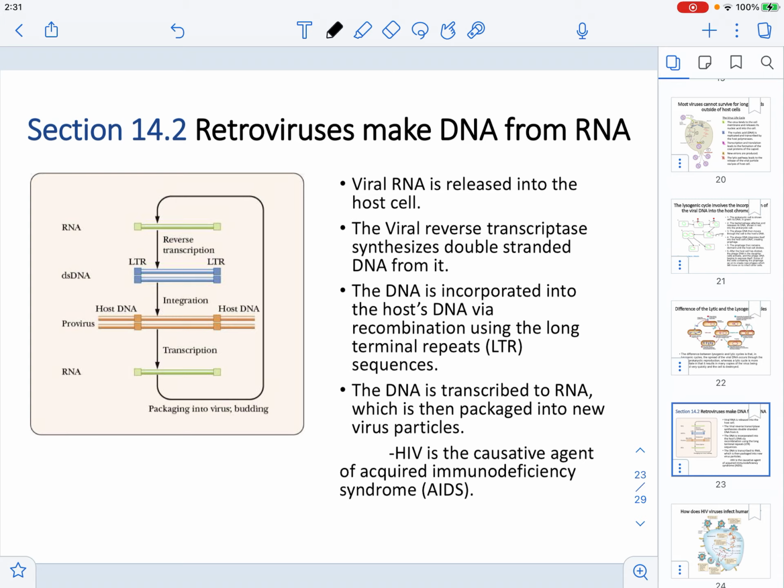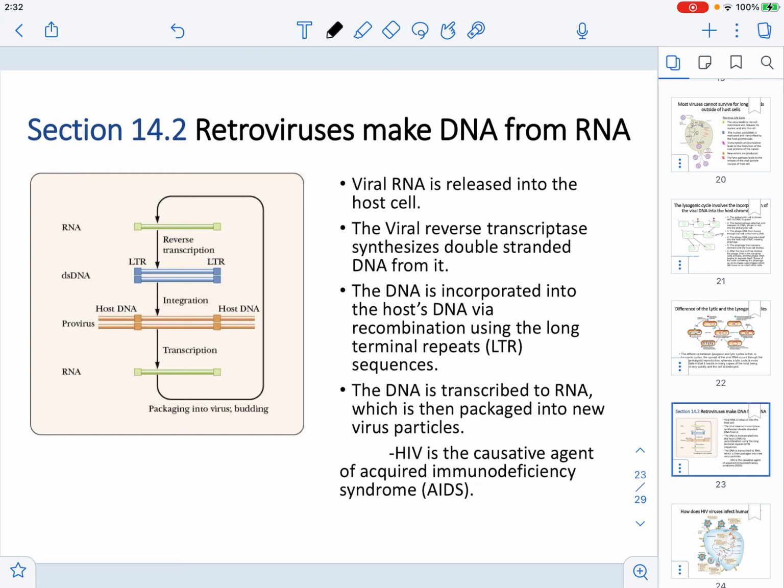As you can see, the viral RNA is released into the host cell. That's the first step. Then the virus itself has an enzyme called reverse transcriptase that is going to synthesize double-stranded DNA from that initial viral RNA that was placed by the virus particle. Then that double-stranded DNA is incorporated into the host DNA via recombination using sequences called long terminal repeats, or LTR sequences.